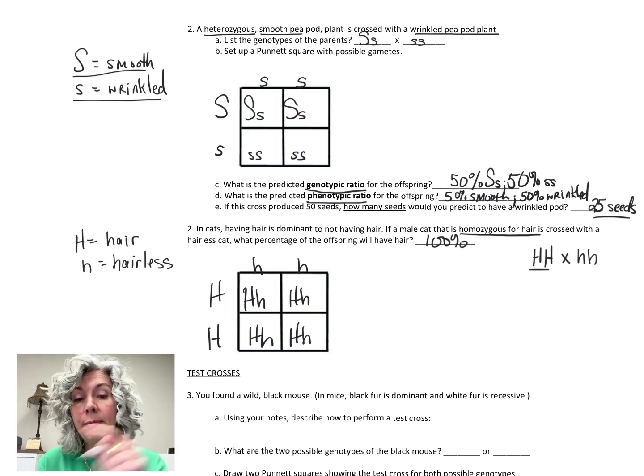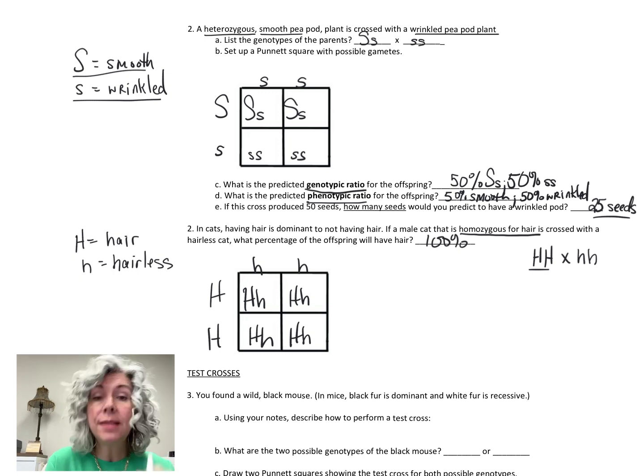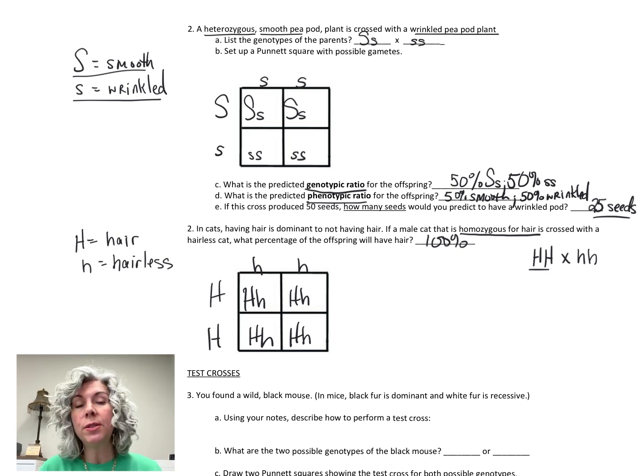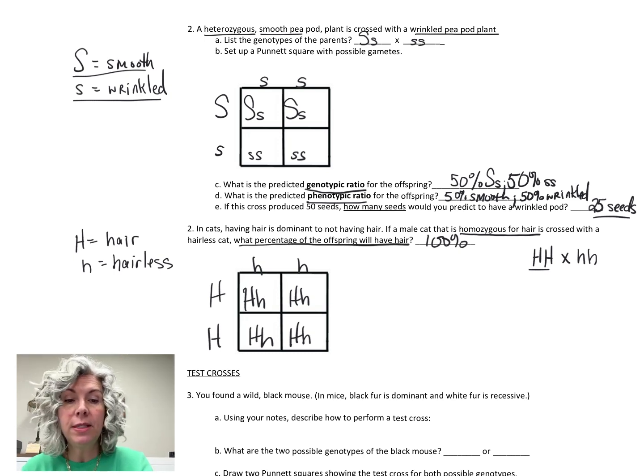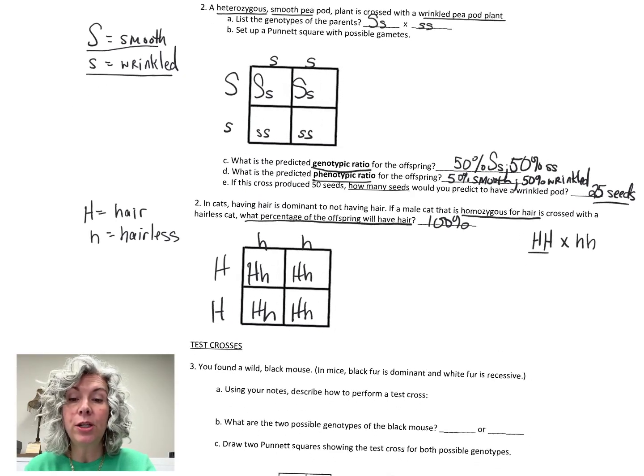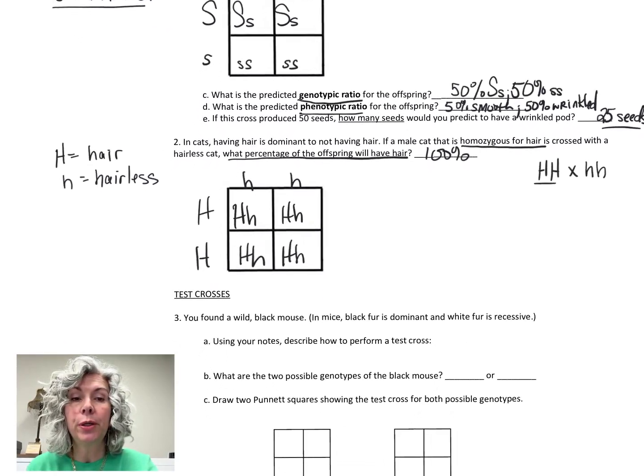So if one of these babies grows up and has a baby with a carrier, it's possible to pass that trait down. But for now, that trait is masked by the dominant hair trait, that capital H. So 100% is going to have hair. What percent of the offspring will have hair? 100%.